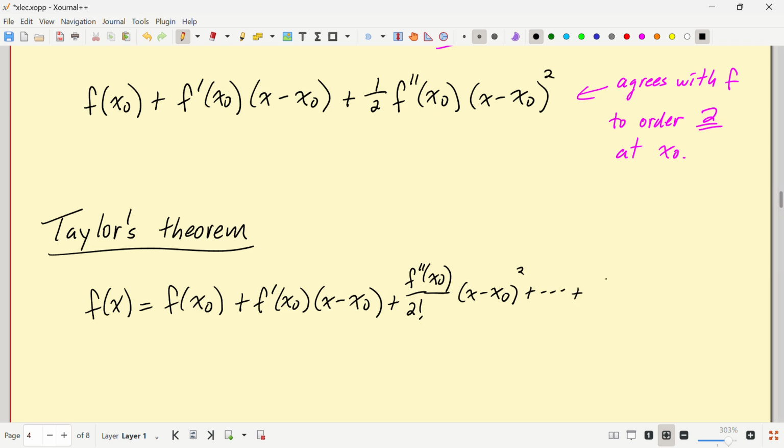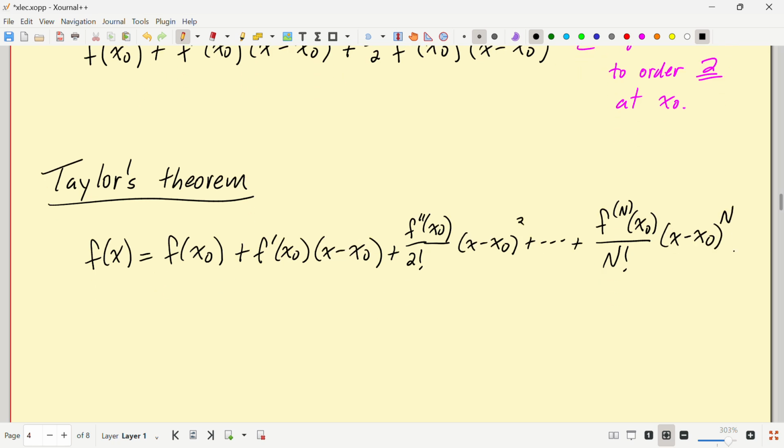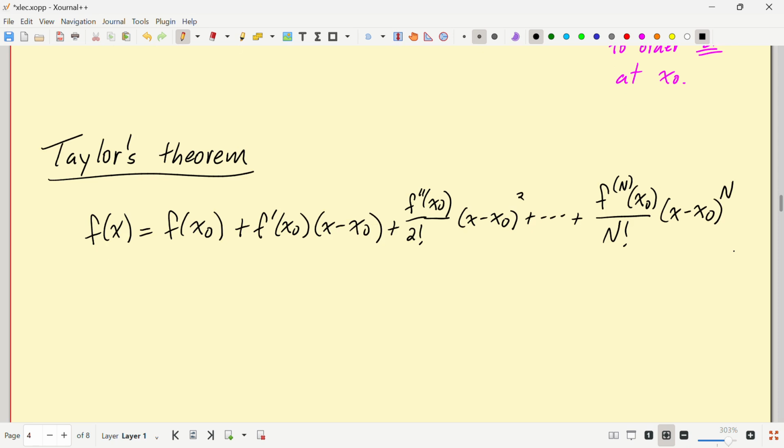The general nth term is the nth derivative of f at x naught divided by n factorial times (x minus x naught) to the n. And then there's a remainder term.